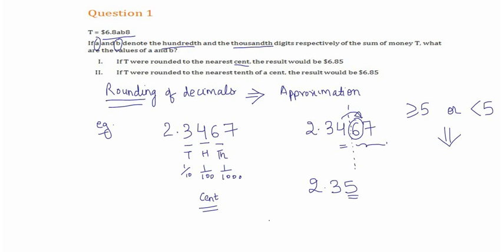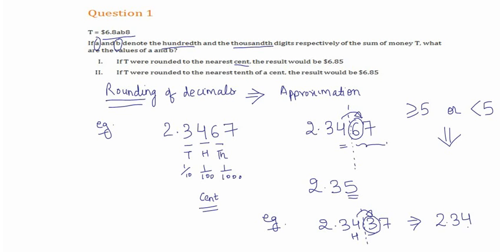Now had this number been, suppose, 2.3437, and I would have been rounding to the cent position or the 100th position as in the previous case, I see that the digit to the right is 3, which is less than 5, so the approximated number will become simply 2.34.